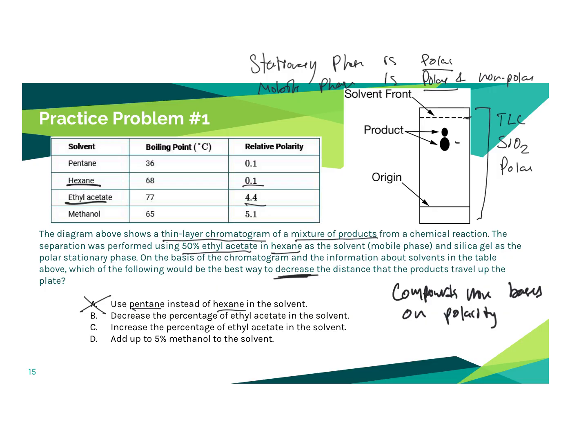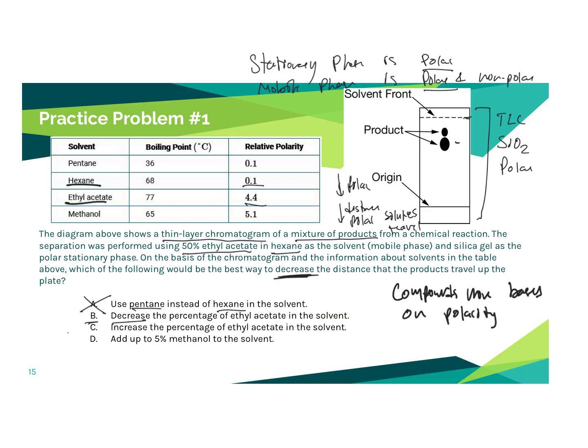This one says to decrease the percentage of ethyl acetate in the solvent. If we decrease our polar, then we should decrease the distance polar solutes travel. And so this would be a pretty good answer. But let's look at the other choices. C says to increase the amount of ethyl acetate.